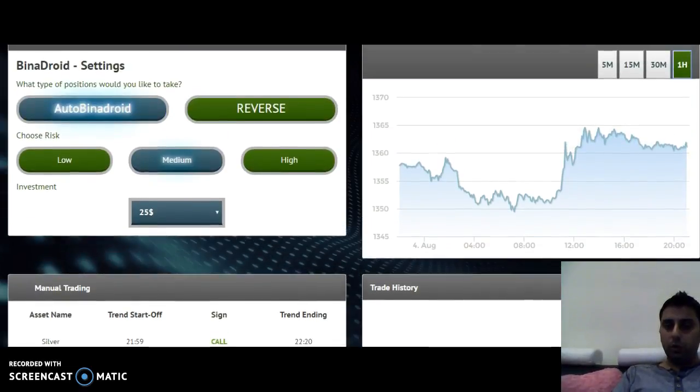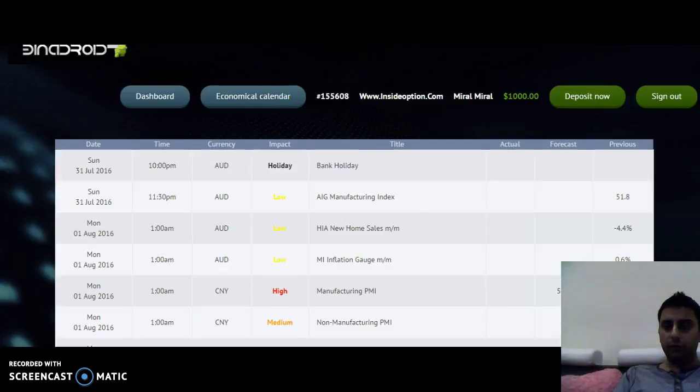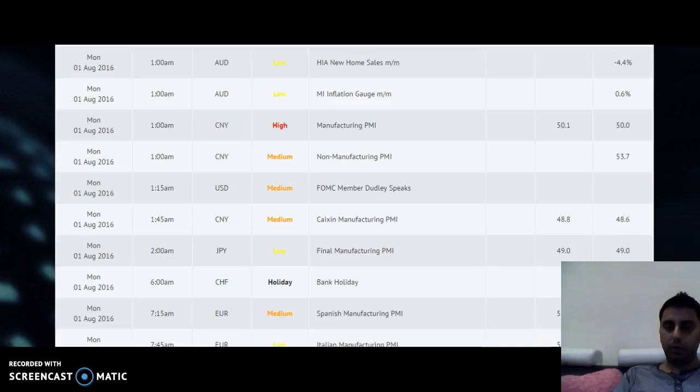Scrolling up, we've got the economic calendar, which looks at the news events that happen around the globe within a particular point in time. Anything that has a high risk of high volatility will have a high valuation next to it. For example, for the Chinese yen, you've got the manufacturing PMI, which is likely to affect the currency pair quite a lot.